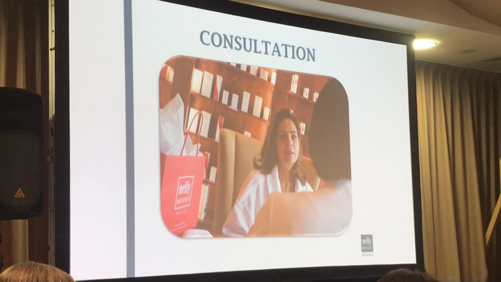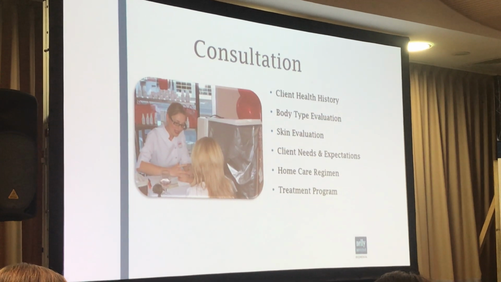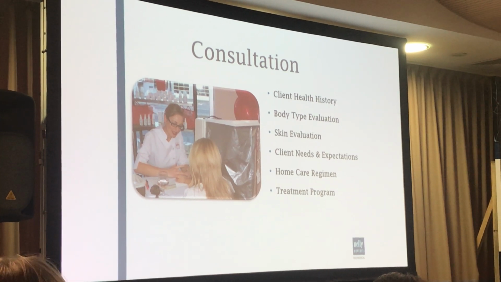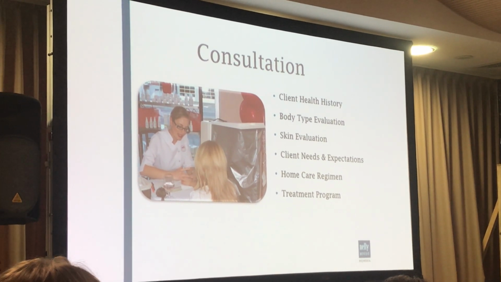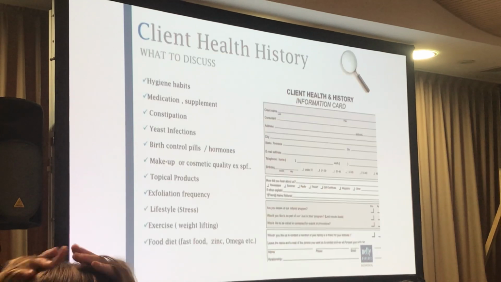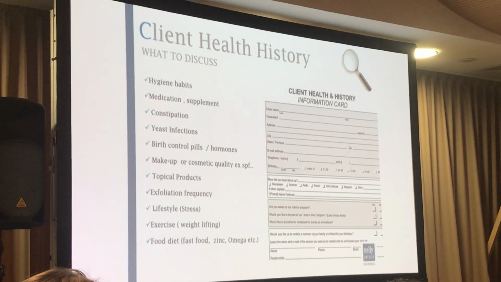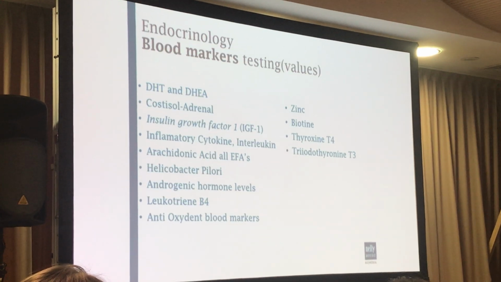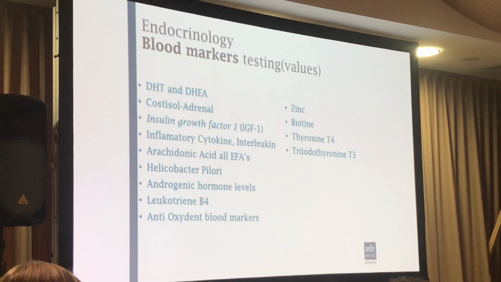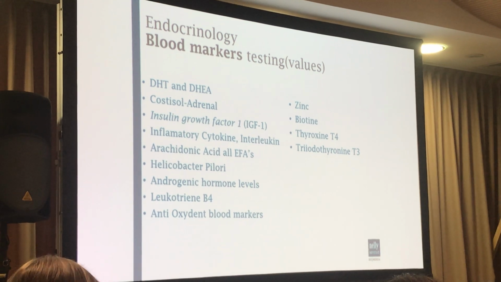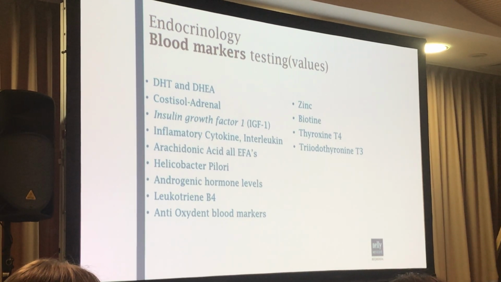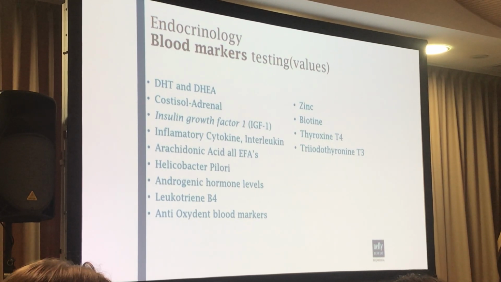Consultation is key, and this is why healthy skin, in order to prevent acne, needs to be also in this consideration. So the consultation is necessary, scrutinizing really the causes of acne in order to make a difference. There are different blood markers that also need to be analyzed when you have persistent cystic acne, when you're not achieving results.